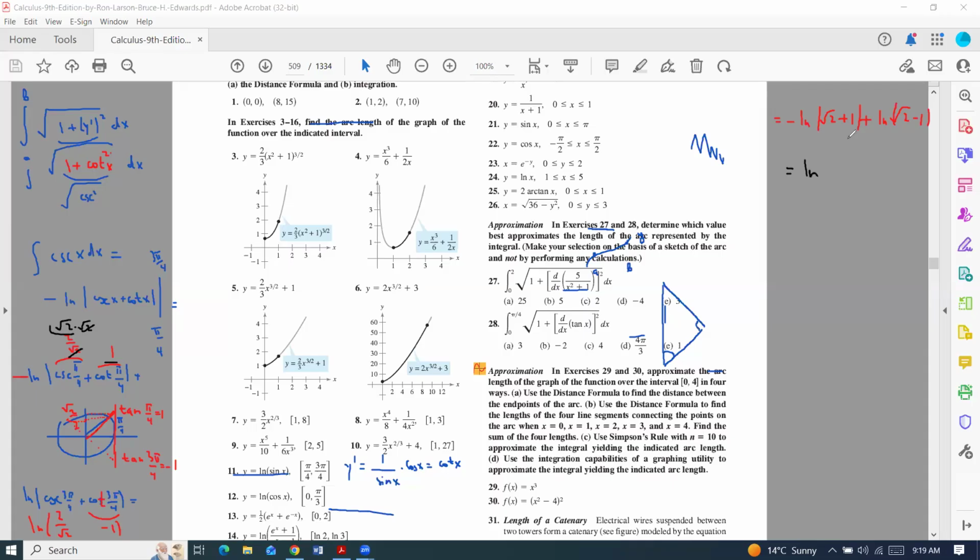Now, using properties of logarithms, it's ln a over minus ln b, so it'd be ln of root of 2 minus 1 divided by ln of root of 2 plus 1. So this is going to be the exact answer. Sometimes, remember, in the college algebra classes, they ask to get the exact answer.